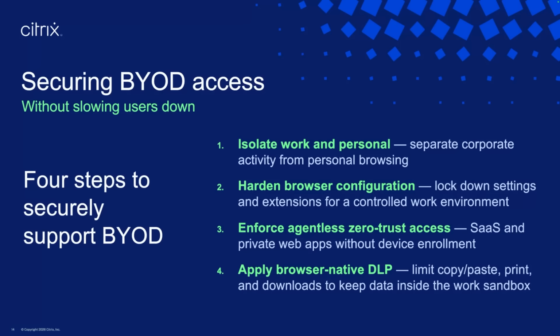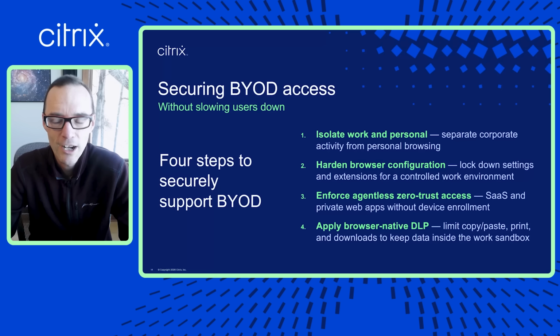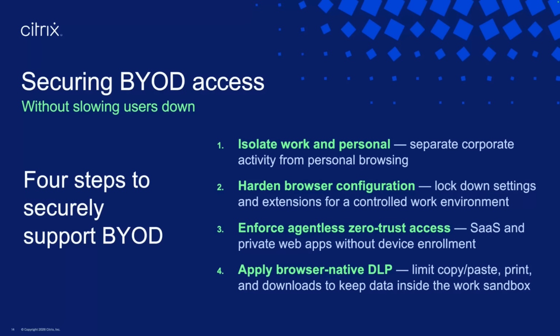So if you think about it, you're on a personal device, chances are you're not going to be too interested in installing your organization's security agents on your own device. So we need these security policies to be agentless, and any zero trust network access needs to be agentless. And then finally, when we run into sensitive data, we need to have browser native DLP that can provide security policies automatically to help protect the data from being accidentally exfiltrated to these personal devices.